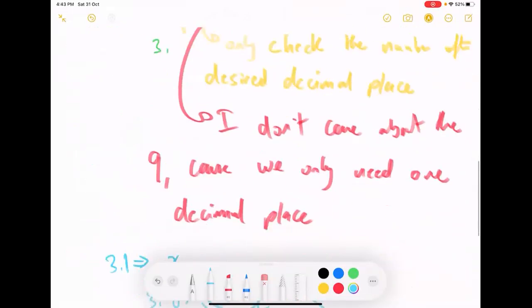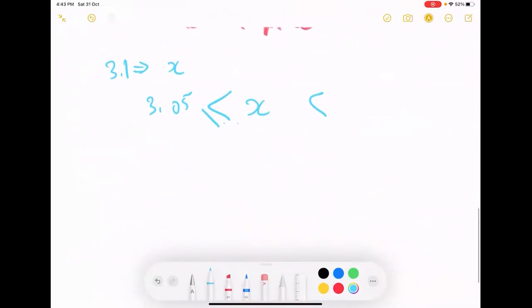So you write it as an inequality. So 3.05 x, and what's the upper boundary? What's the number here?